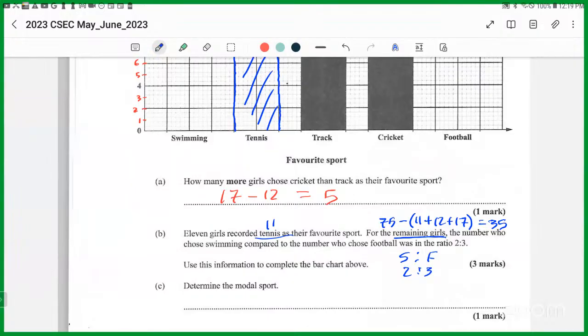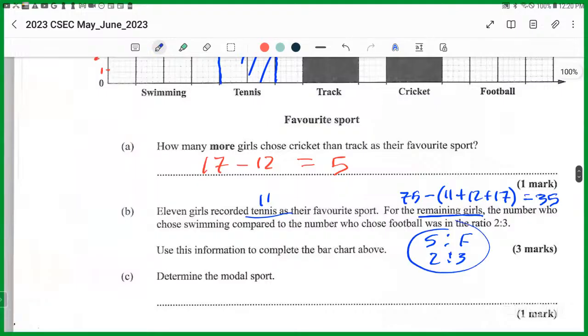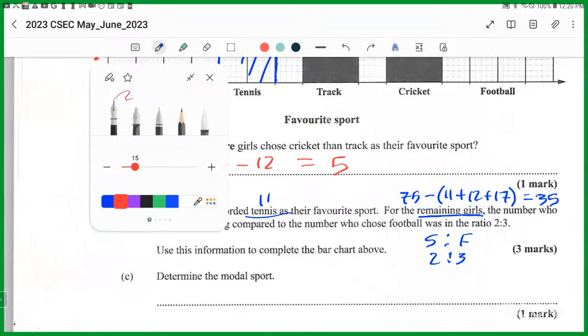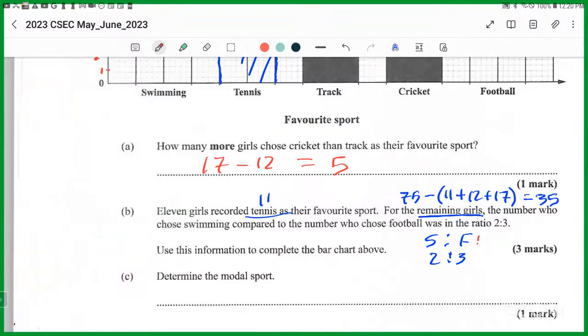So the total parts of this is actually 5, right? Can do this 2 ways. Total part is 5, so 2/5 of 35 comes here for swimming, and 3/5 of 35 comes here. What you could do is extend this ratio to the remaining students.